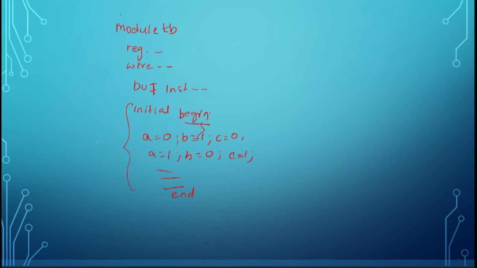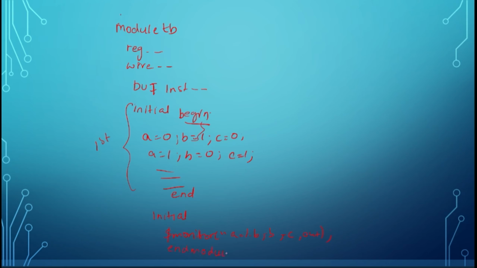Then I am writing another initial block. In this initial block I am writing $monitor, in order to monitor all the values like a, b, c, and out. Every value I want to monitor, and then endmodule.